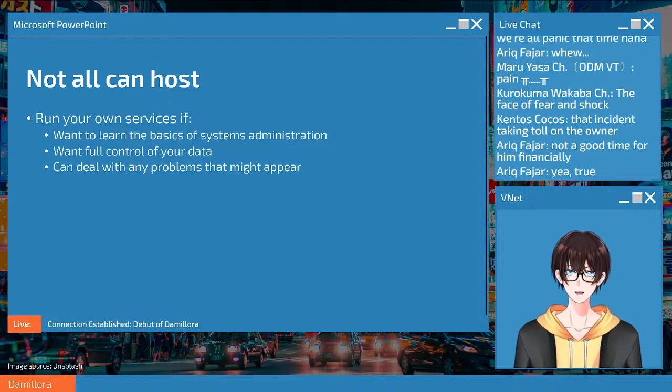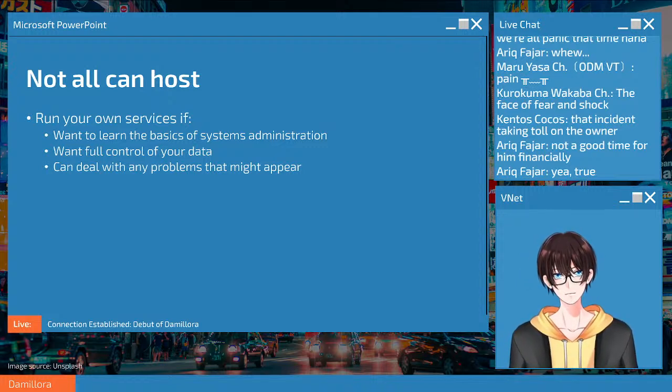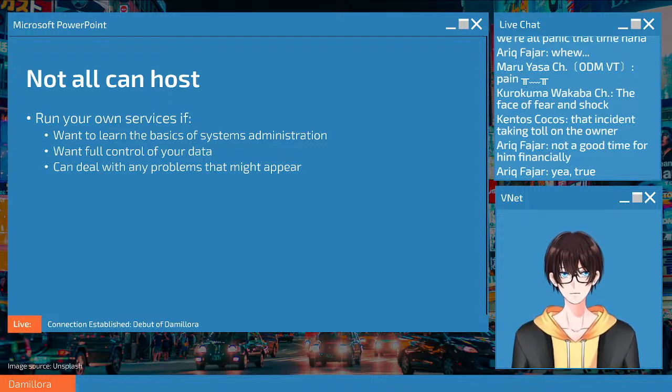So, yeah, I would say run your own services if, one, you want to learn the basics of systems administration, you are willing to learn Linux, you are willing to learn all of the technologies that make up those services.